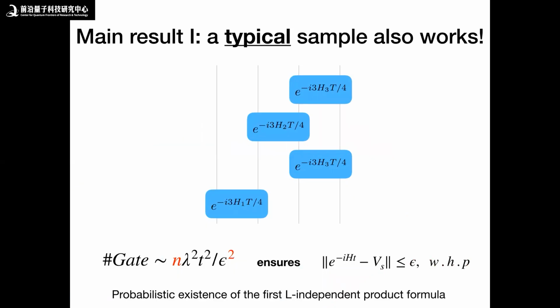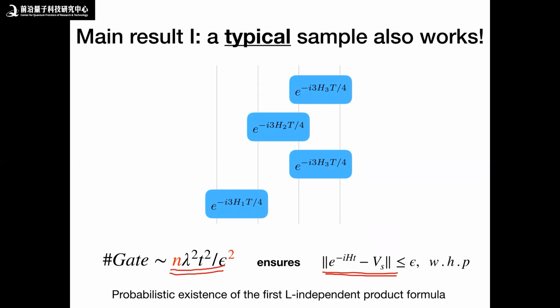And here is our main result. It reads that a typical sample of a product formula also works. So you just draw a sample and keep the same one, and with very high probability, you only need this gate count to ensure the unitary is very close to ideal.